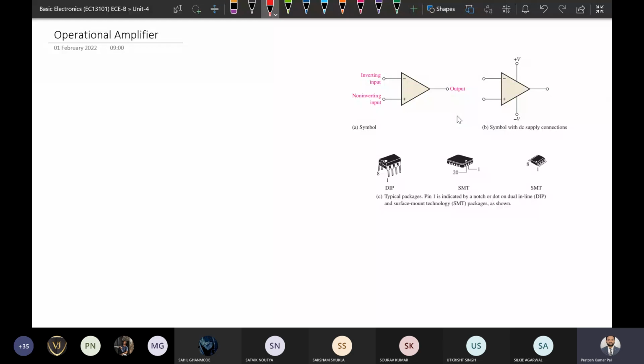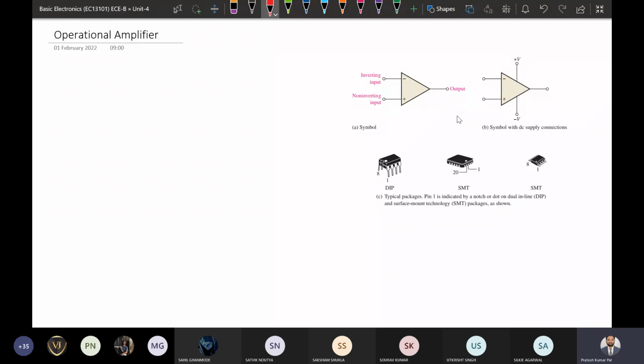After that we have gone with BJTs and FETs. Based on these BJTs and FETs, that is field effect transistors, MOSFETs and JFETs, we will be using these semiconductor components to further implement complex circuits. Those complex circuits we will start with the operational amplifier.